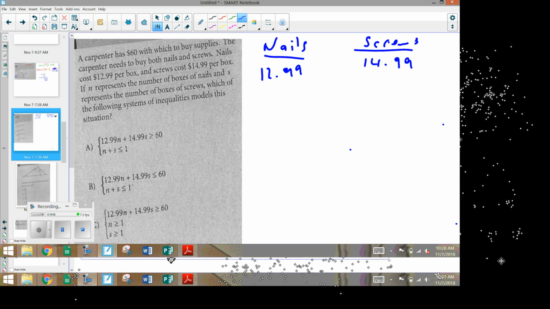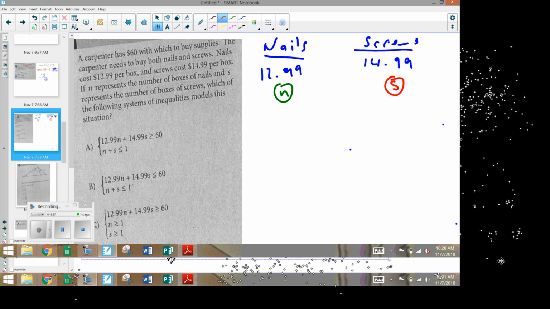These are per box. So if N represents the number of boxes of nails, and S represents the number of boxes of screws, which of the following systems of inequalities model this situation?